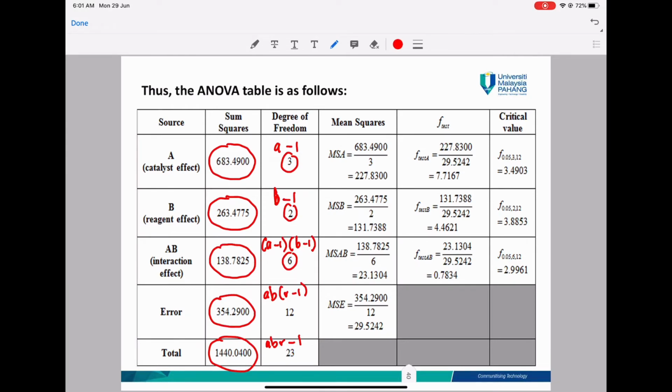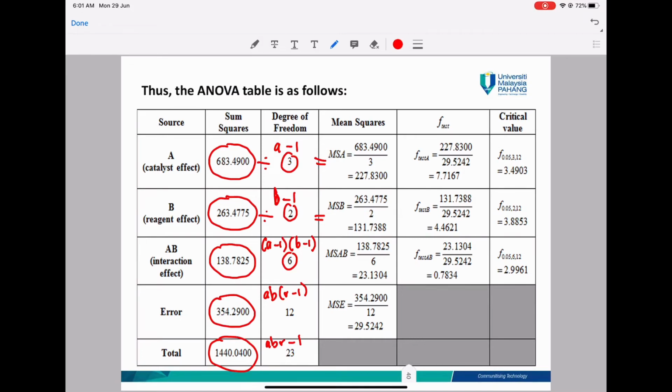Now we move on to the third column, mean square. After we finish the first and the second column, we can find the third column. So for the MSA, 683.49 divided by 3, and then you have 227.8300. For the MSB, 263.4775 divided by 2 equals 131.7388.